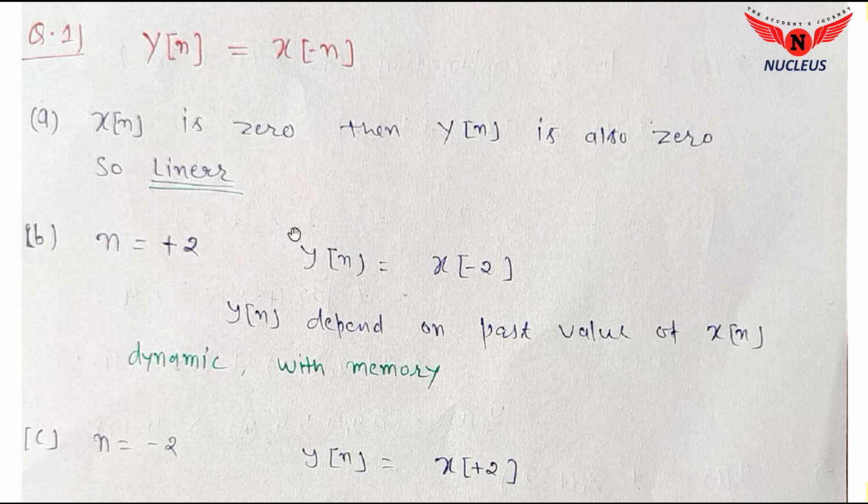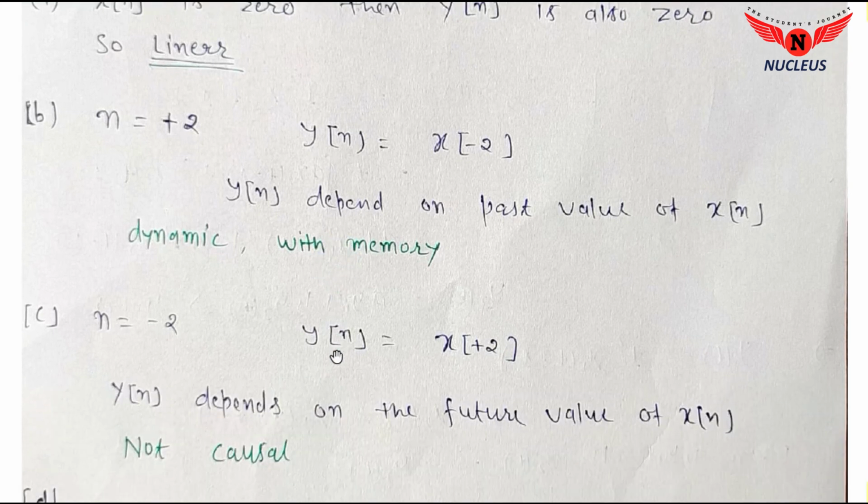Let's check whether the system is dynamic or static. When you put n equal to plus 2, we will get this equation y(2) equal to x(-2). So y(n) depends on the past value of x(n), so the system is dynamic, or we can say the system has memory.